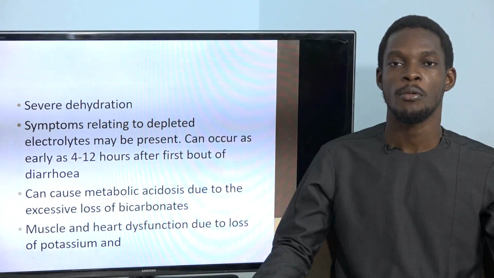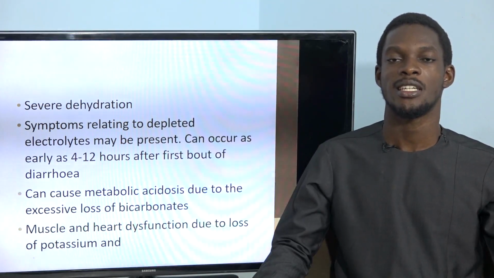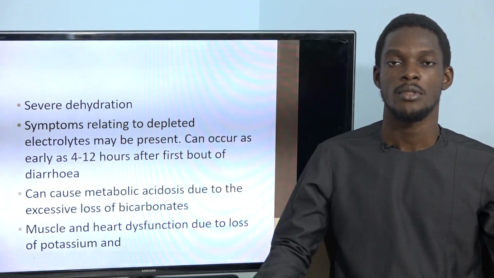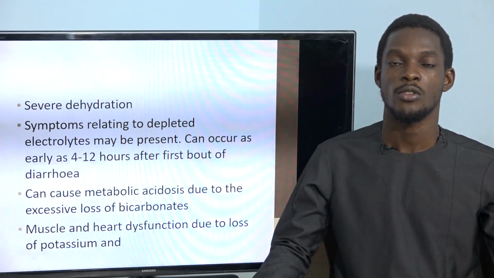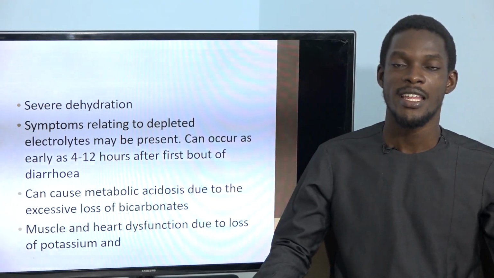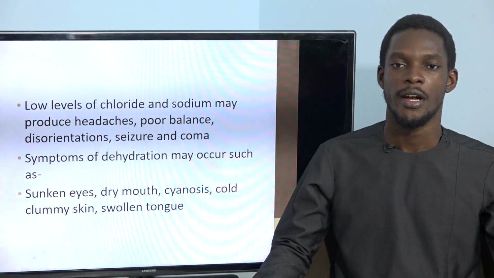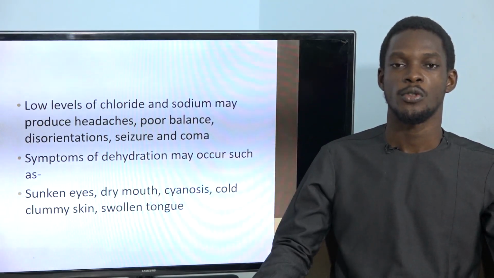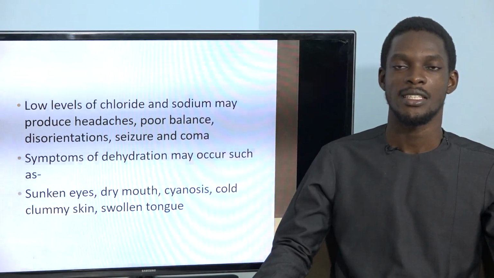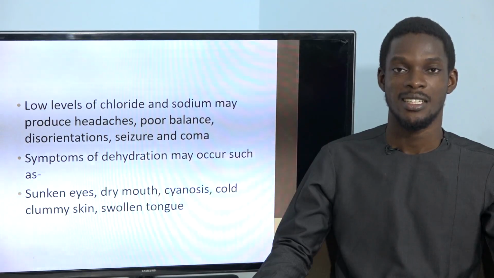And you also have problems with nerve transmission and nerve impulses because of severe loss of sodium and potassium.